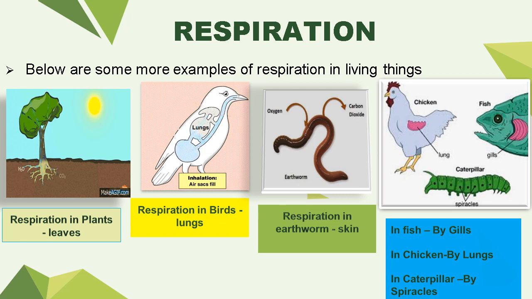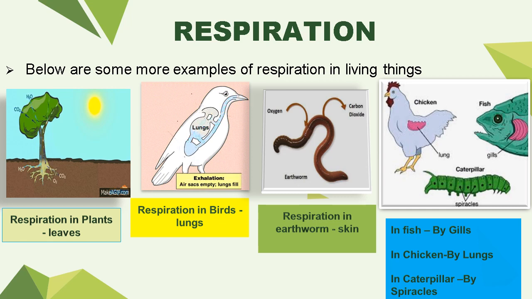Plants take oxygen from air for respiration and give out carbon dioxide. So just like animals, respiration in plants also involves the exchange of gases, oxygen and carbon dioxide.